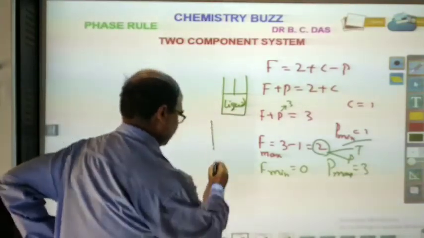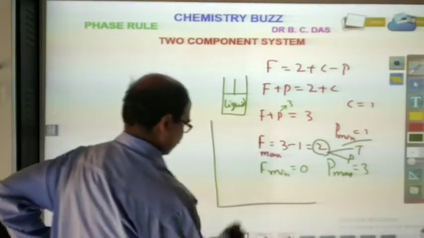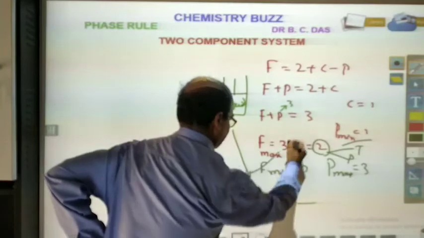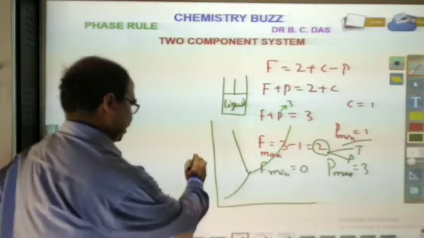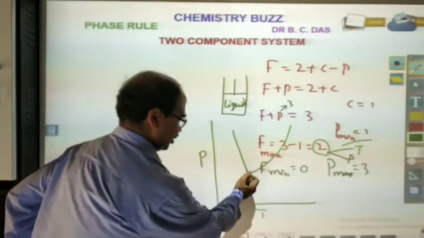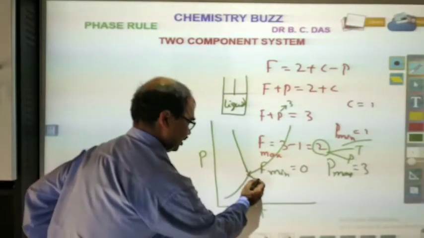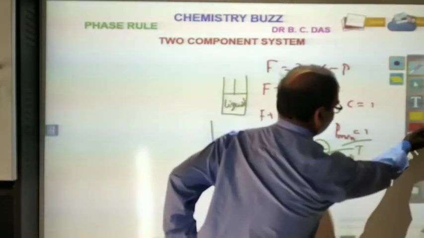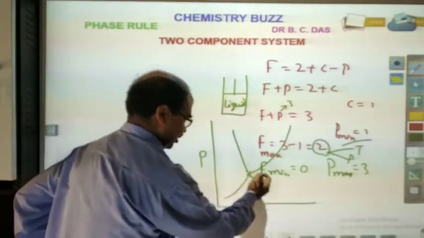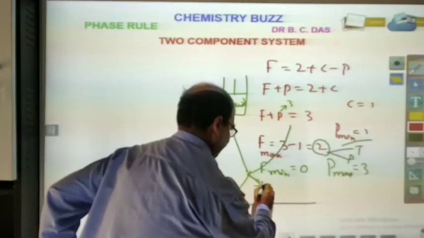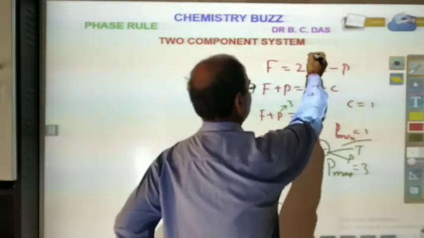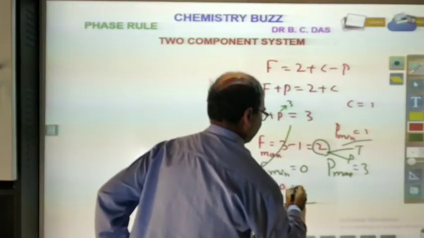The graph we have plotted for the water system is like this: this is pressure versus temperature, and this is the triple point. At the triple point, 3 phases coexist, so the degree of freedom F is equal to 0. Where F is equal to 0, it is called invariant.